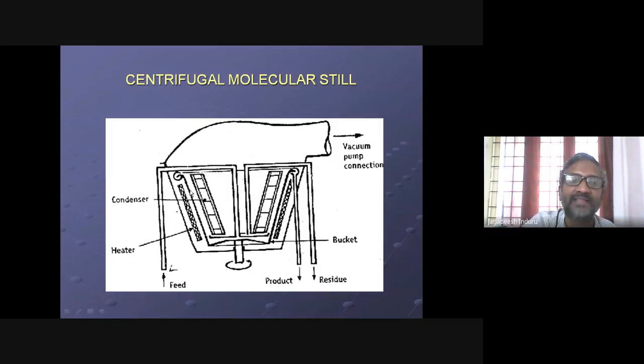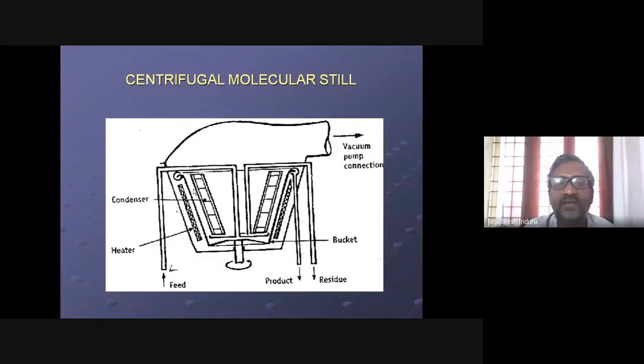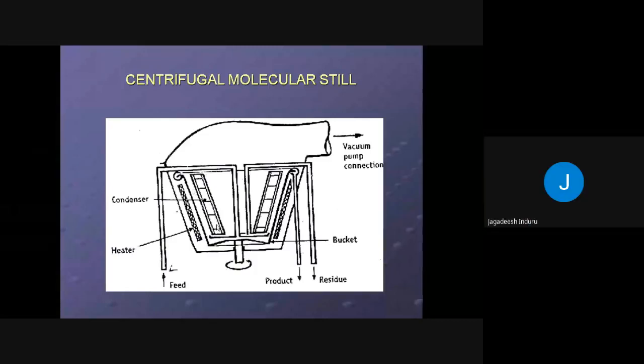This is lesser than your free mean path. This free mean path concept allows your process to take place without any reflux, making the efficiency of your process and the yield very high. Once your liquid is completely formed in the condenser, it will be collected in the tray that you see here.